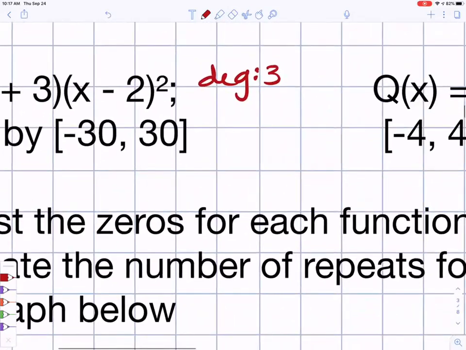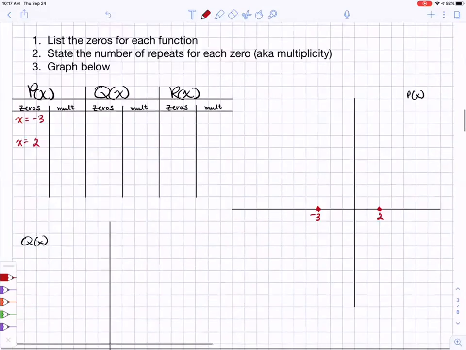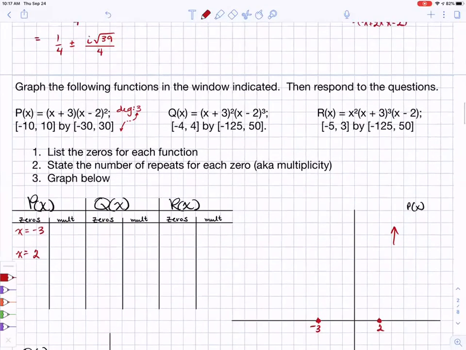Uphill. Yeah, so a degree of 3 is going to look something like this. I'm not ready to be graphing yet, but I do know I'm going to start somewhere at the bottom and end somewhere at the top, just because of all the things I know so far about degrees of 3.